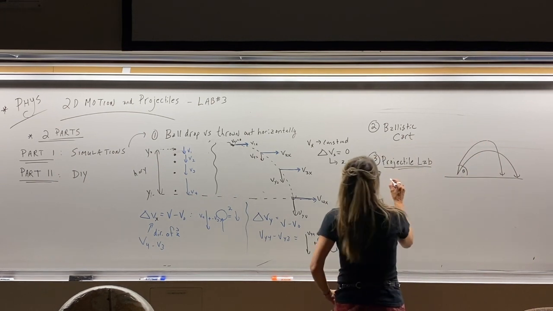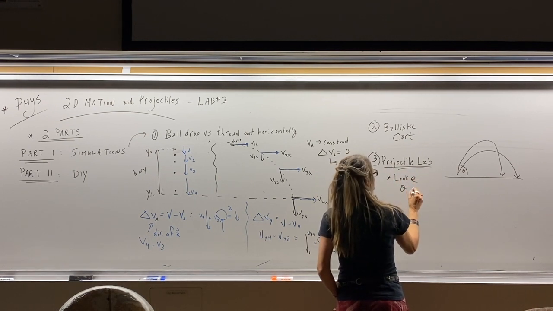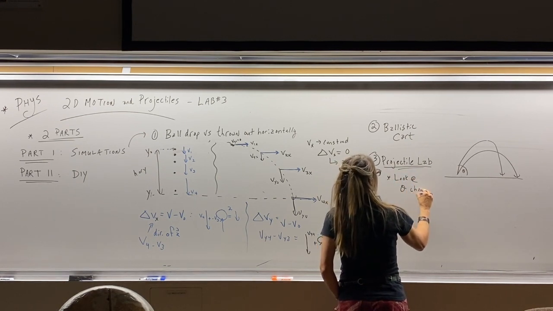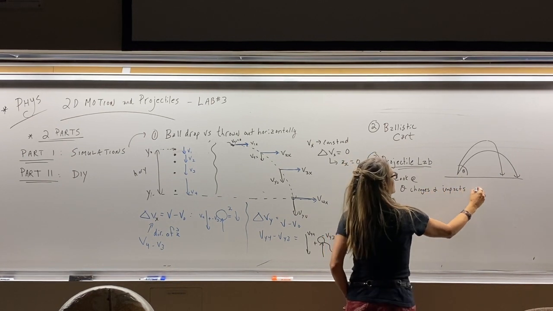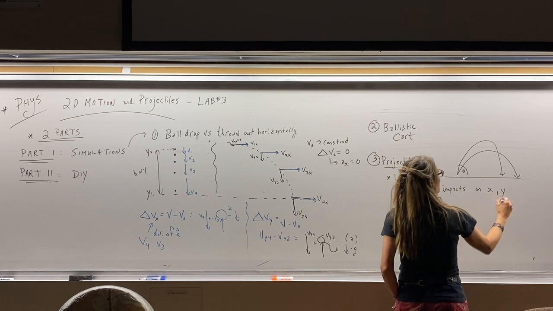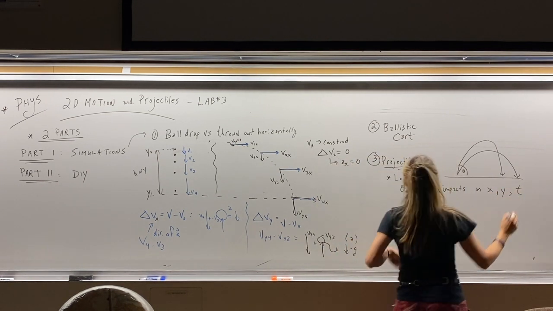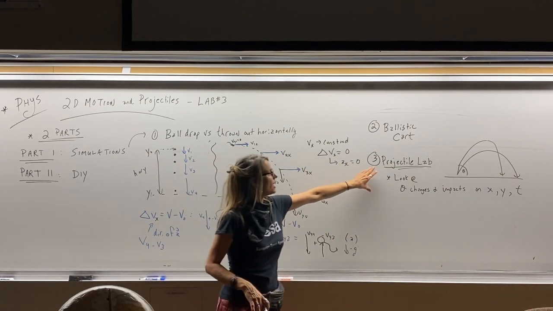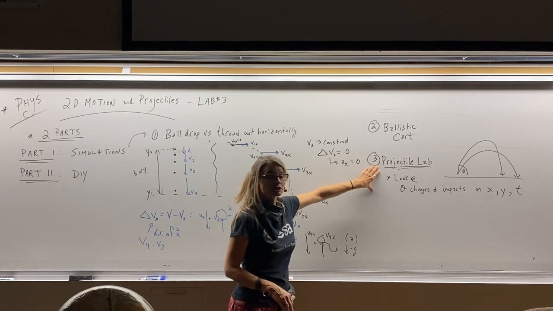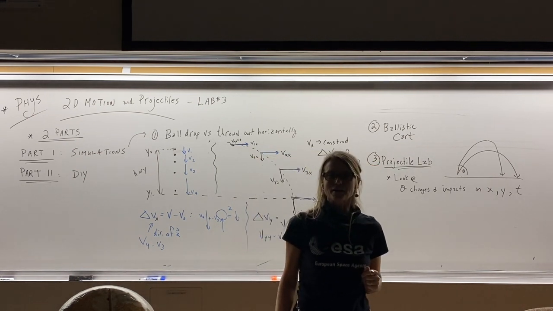So you're going to look at your angle changes and the impacts on X, Y, and T, your time of flight. The other thing to note on this lab, that's a simulation, is that you could also experiment with different acceleration due to gravity values.